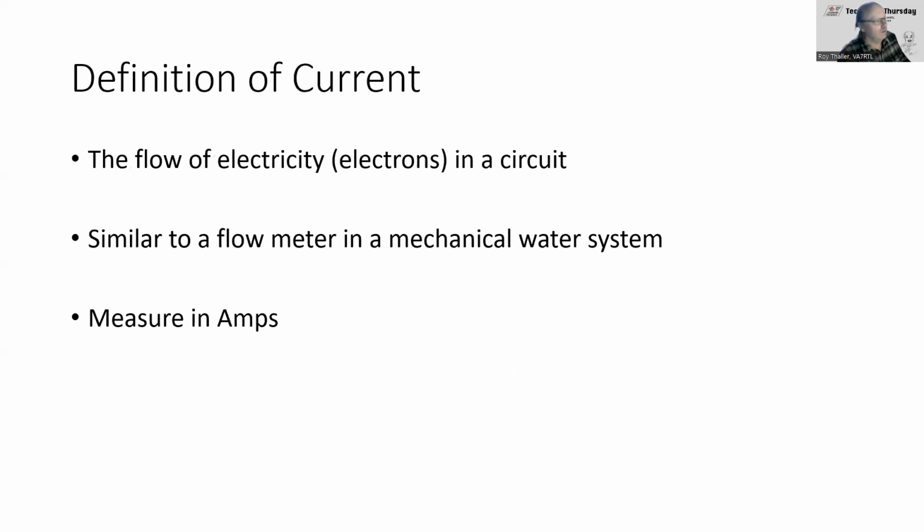And then in the mechanical system, current is the flow of the water. Although we don't usually measure the flow of water, we would do this with a flow meter. And in electricity, it's the flow of electrons in a circuit. And this we measure in amps.